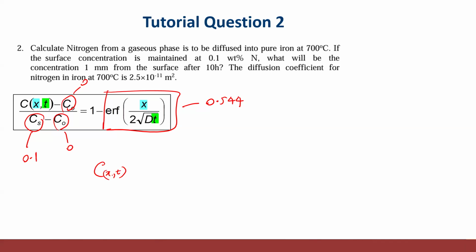That means at an X distance, with a T time. X is 1 millimeter in our case, and the time is 10 hours in our case. So we already used them to find the error function. So this divided by 0.1 is equal to 1 minus 0.5.